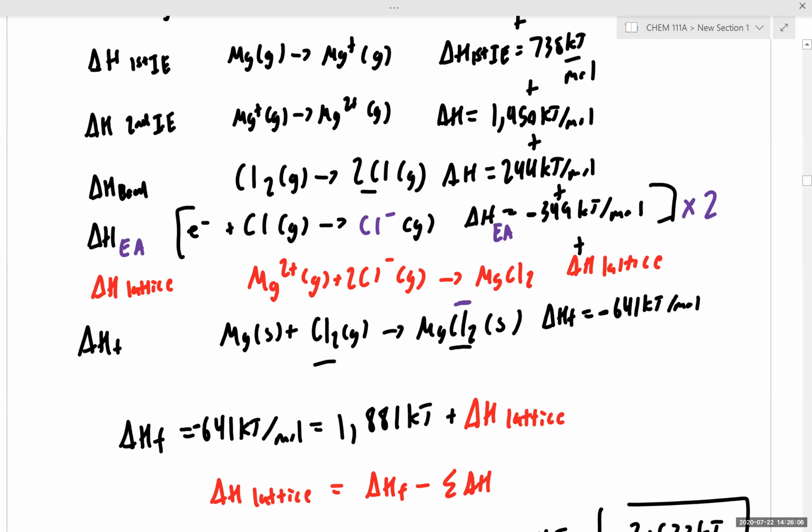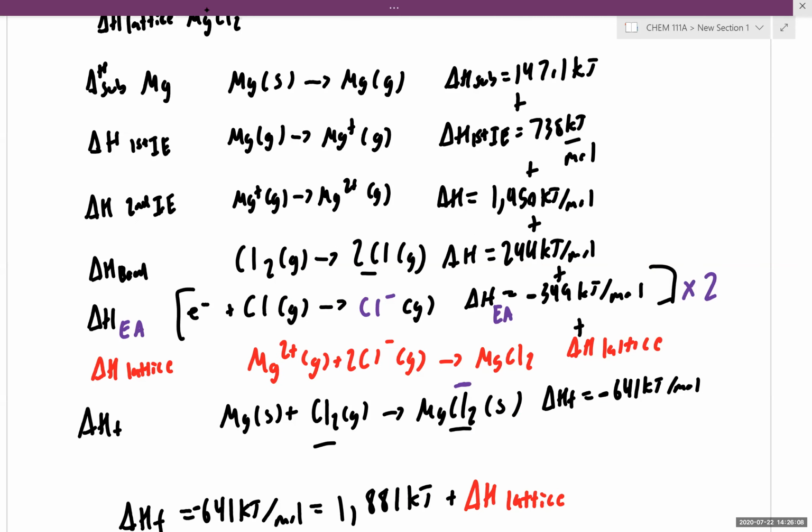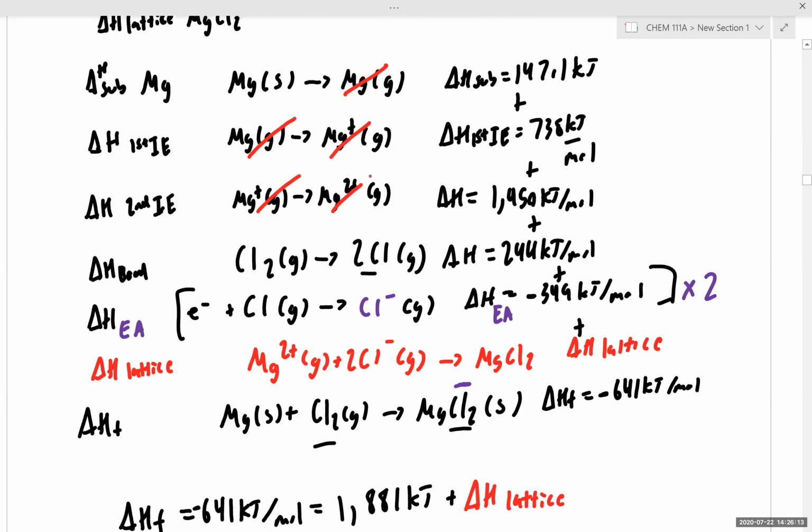Oh, so to show how when you add the equations together, things do cancel. Well, yes, they do cancel. Sure, and that's how you get your final equation.